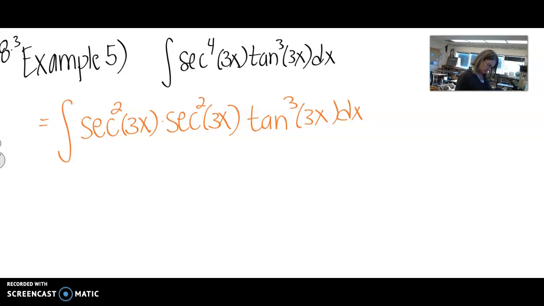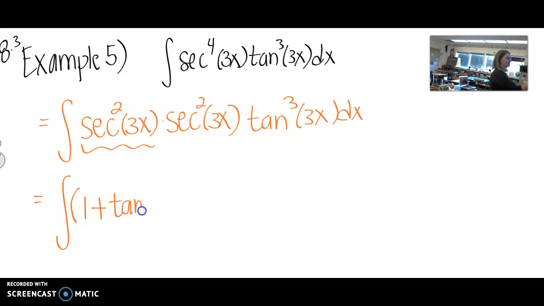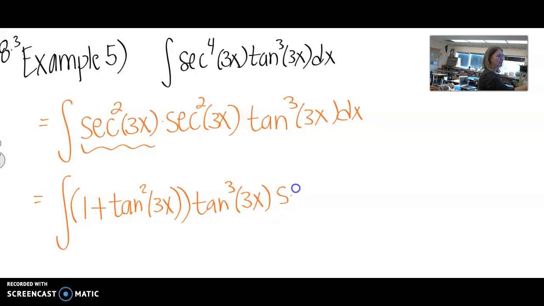So if we convert this secant using the Pythagorean identity, it is 1 plus tangent squared 3x. And then I'm going to do a little rearranging over on this side. I'm going to put the tangent cubed 3x first, and then secant squared 3x on the end.